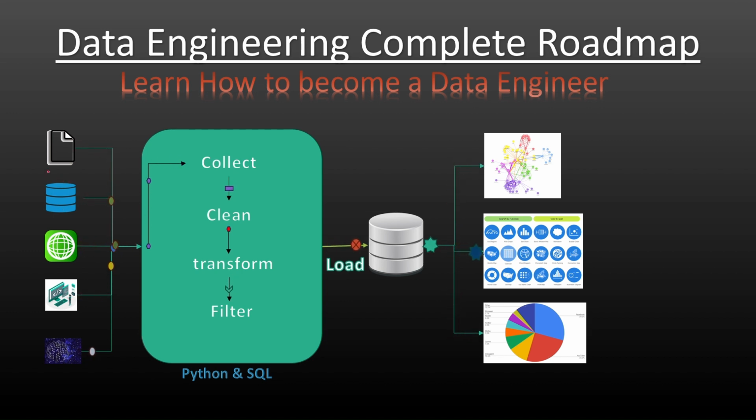We have some flat files, or maybe we have a database, website, some software tools, or any other data sources. We need to create a connection using Python to pull data from the source. Here we will use Python to pull the data from the source. Once data is pulled from the source, it is known as data collection or data ingestion.